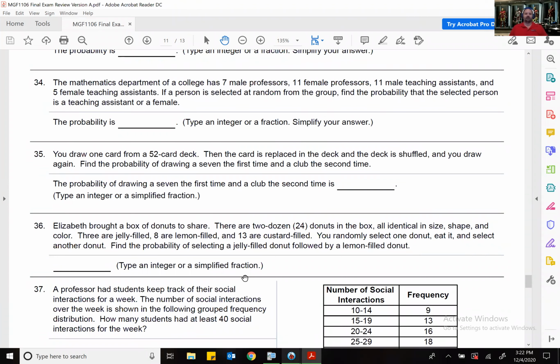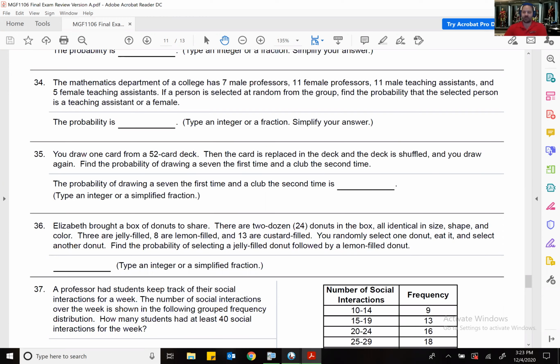Find the probability of drawing a 7 the first time and then a club the second time. Which number are you at now? I'm on 33? Oh shoot, I skipped. I was reading number 35. Okay. I'm sorry. We are on 34. That one is a little different. Let's go back to that one.